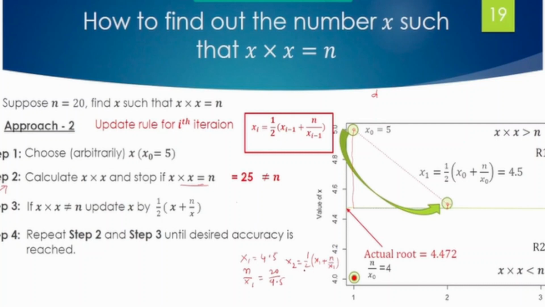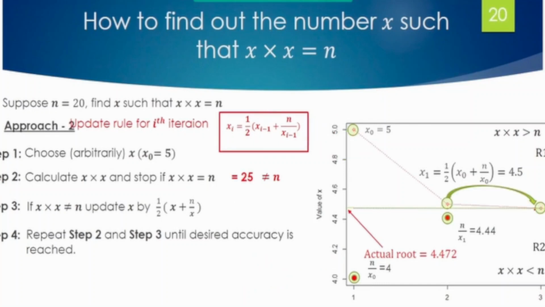So that means half of 4.5 plus this value. This is my n by x1, which is 4.44, and if we take the average of these two, that will become x2, the value in the third iteration. So see, it is even closer. So we are actually reaching the accurate answer.